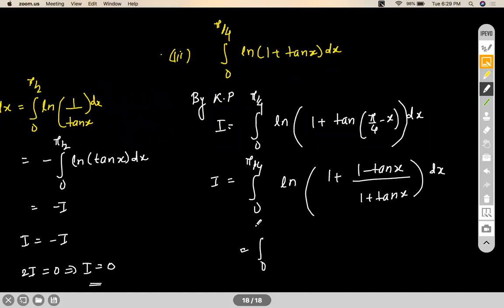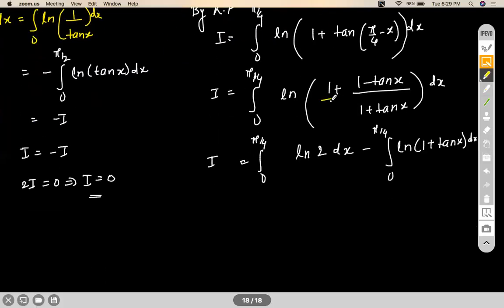So this simplifies to ln of 2 by 1 plus tan x. So what I'll do is I'll split this up as this. Okay. Hope I'm not fast here. So what I did was I took the LCM over here. LCM gave me 2 on the numerator divided by 1 plus tan x in the denominator. I split this using my log properties. Now if you see this closely, you are back to I here.